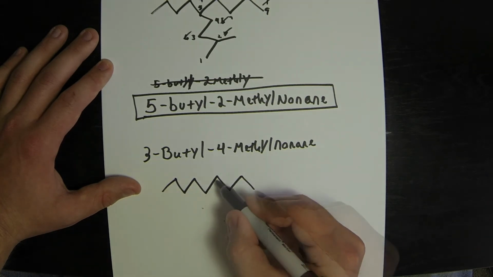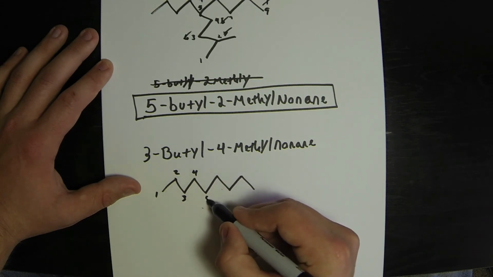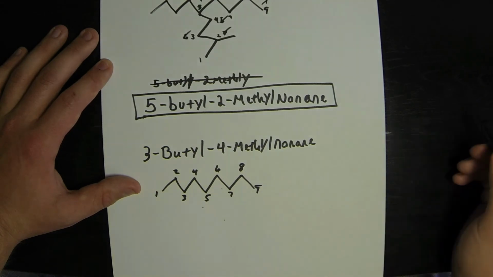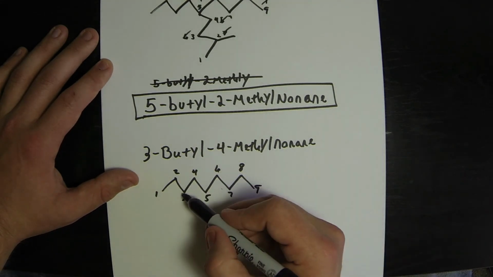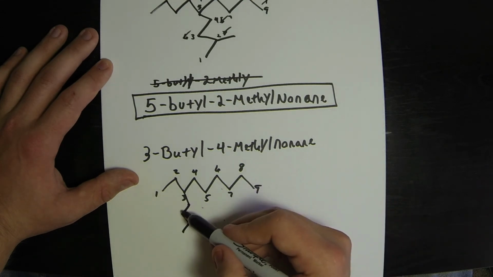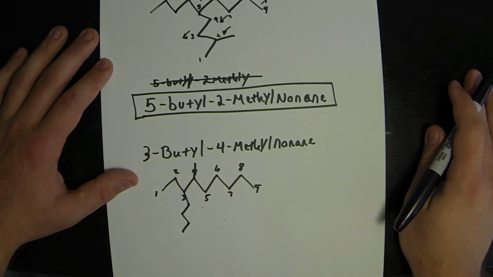And then we just go, okay, at the 3 position, we have a butyl group. 1, 2, 3, 4. And then at the 4, we have a methyl going right up out of there.